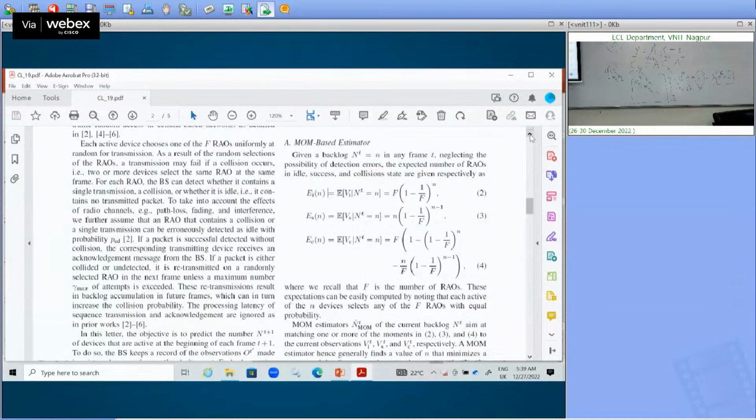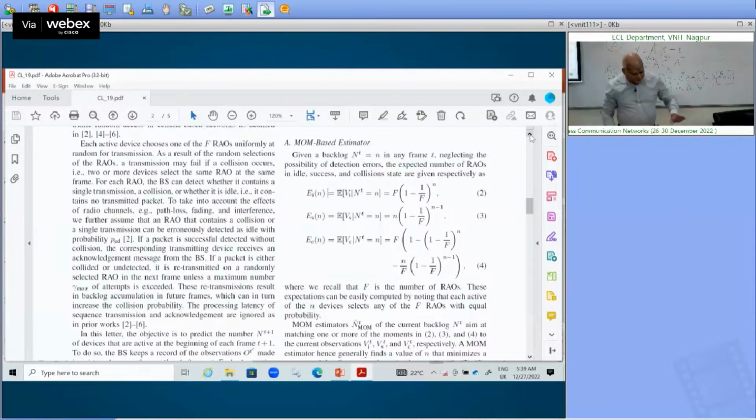Using a simple probability calculation, we can calculate the expected value of succeeded preambles. Similarly, we can calculate the expected value of collided preambles and the expected value of idle preambles. Using simple probability equations, we can calculate these.